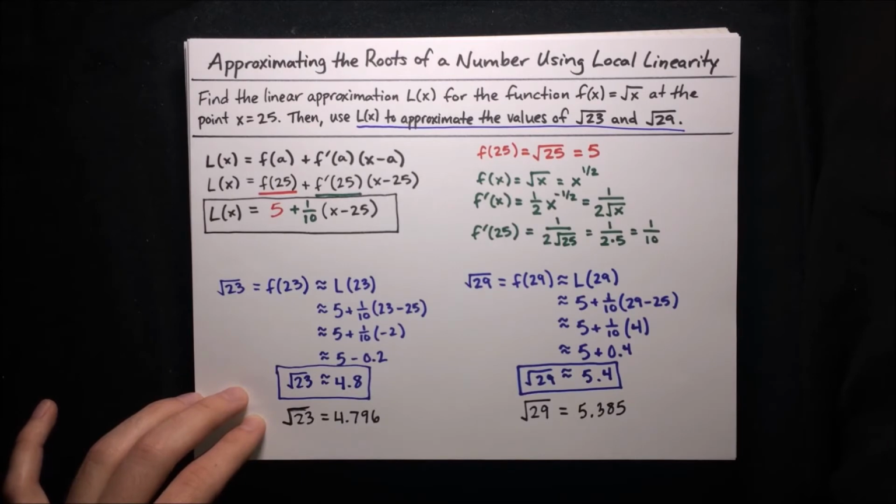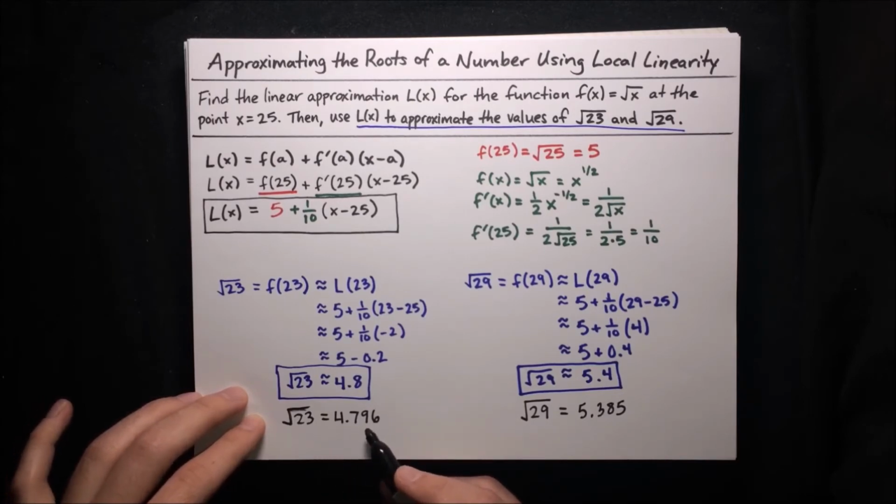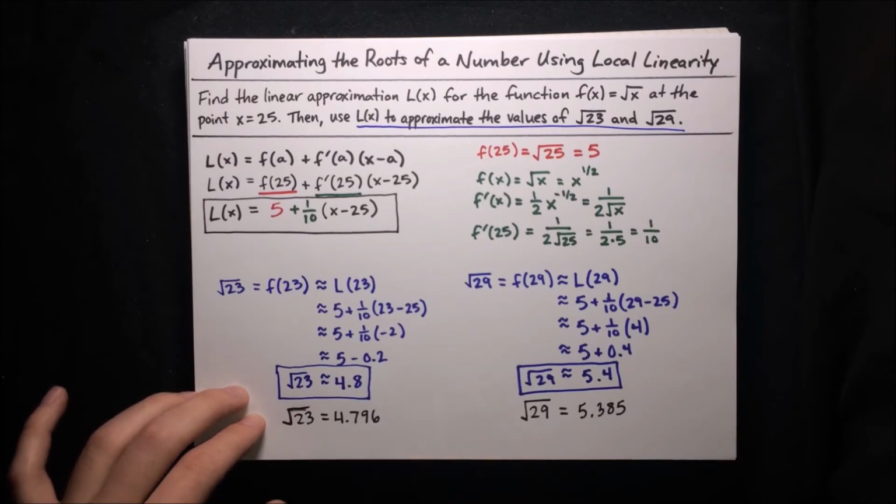So we can see that, wow, our linear approximations are actually really good. Root 29 rounded to the nearest tenth is indeed 5.4, and same with root 23, rounded to the nearest tenth, that's 4.8, actually rounded to the nearest hundredth too. That's 4.80, and that coincides with our linear approximation.